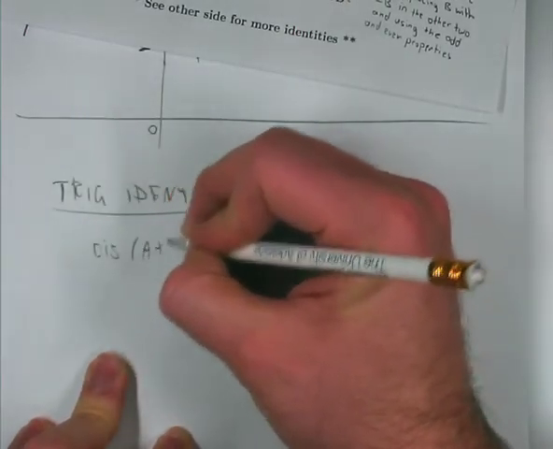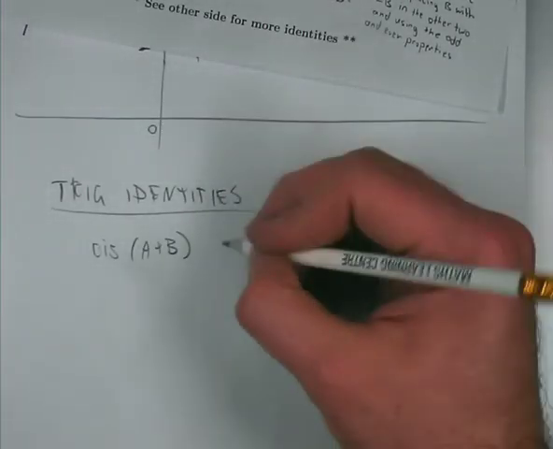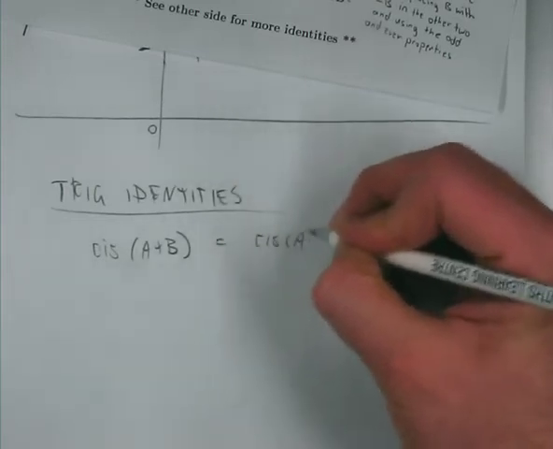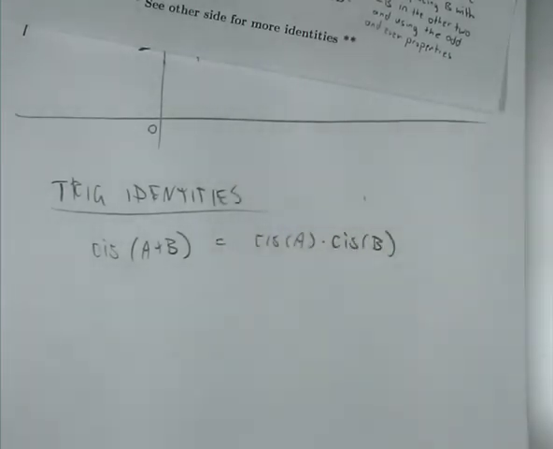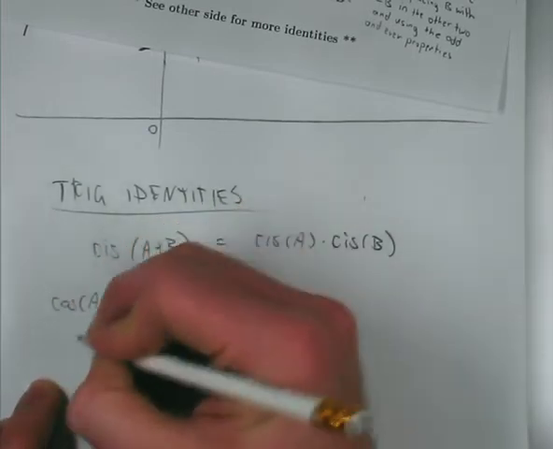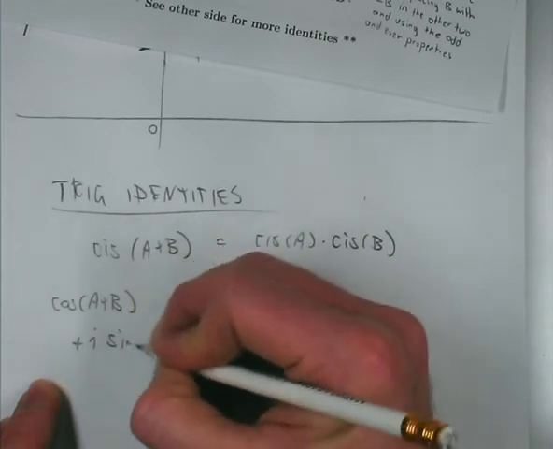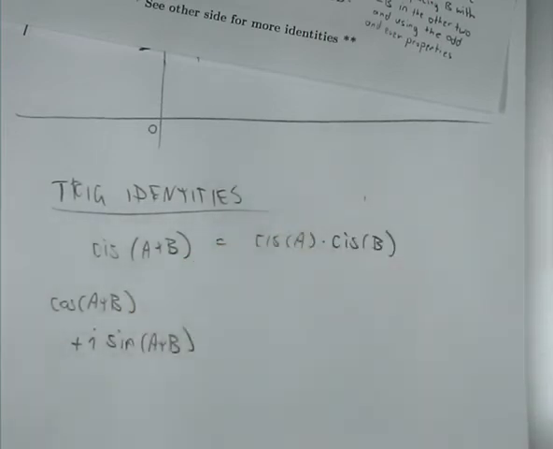Cis of A plus B in complex numbers, according to the rules of how cis works, that's cis of A times cis of B. And so you get cos of A plus B plus i times sine of A plus B. That's what cis means, cos i sine.